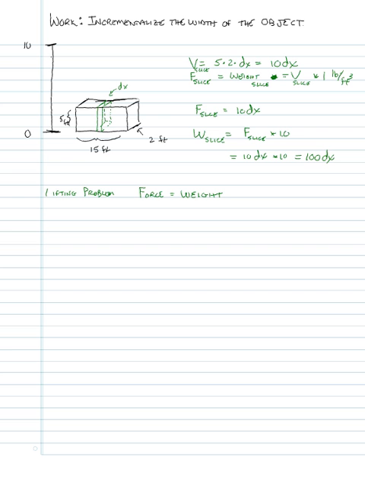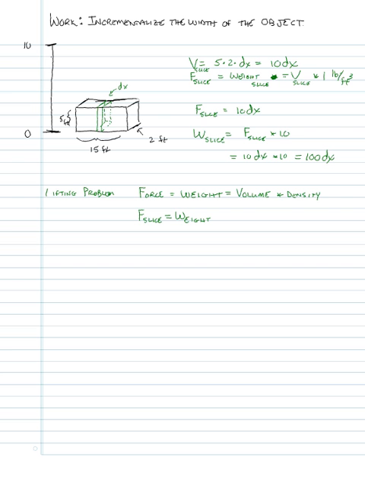And so above, let me recall what we did. Weight is equal to volume times density. So above, what we ended up doing is I called the force of the slice, which was equivalent to the weight of that slice.